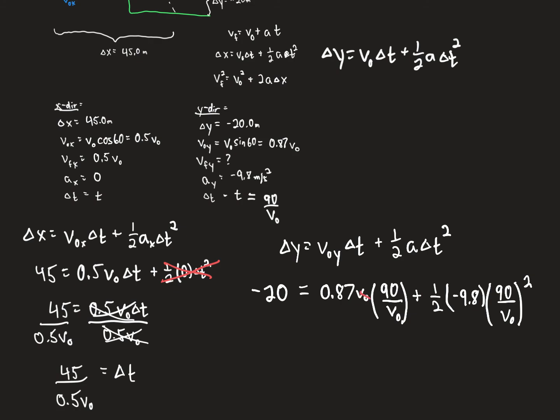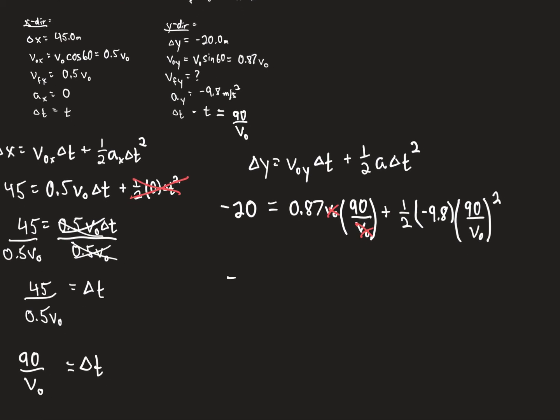The V naughts are going to cancel out over there. I'm going to have negative 20 equals 0.87 times 90. What's that? 78.3. And then I need to do 1/2 times negative 9.8 times 90 squared.